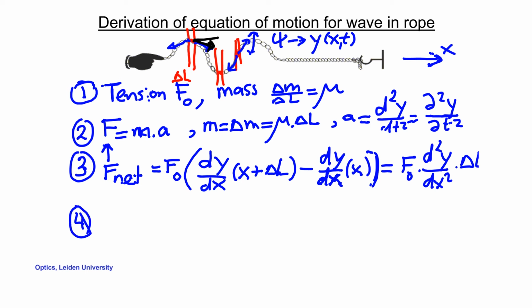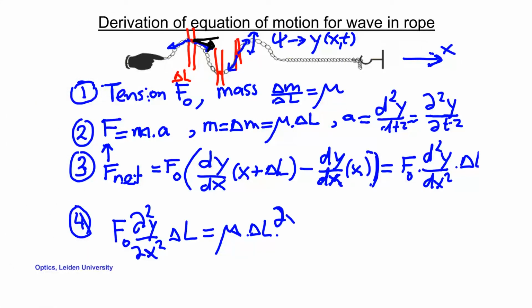So now we combine everything into one equation, F0 times second derivative with position for a particular segment is m times a, and m was this guy, and a was this guy.